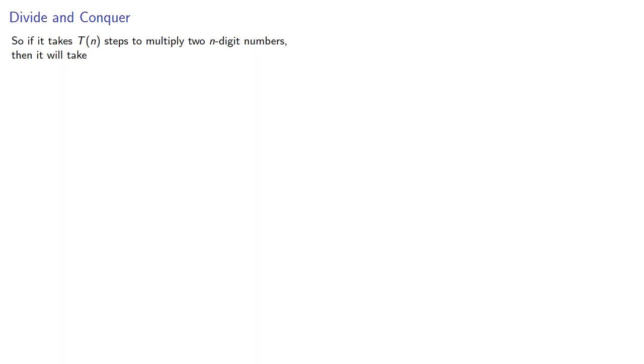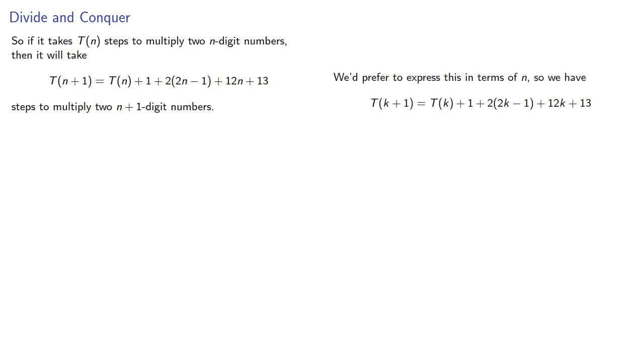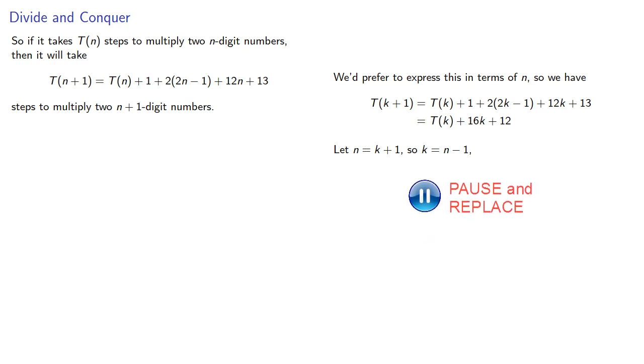And so if it takes tn steps to multiply two n-digit numbers, then it will take this many steps to multiply two n plus 1-digit numbers. And we'd prefer to express this in terms of n. So we have, let n equal k plus 1, so k is n minus 1, and this gives us the recurrence relation.